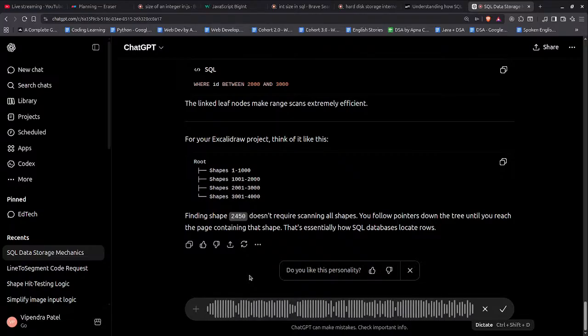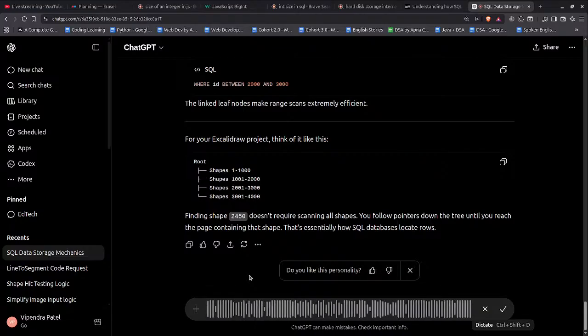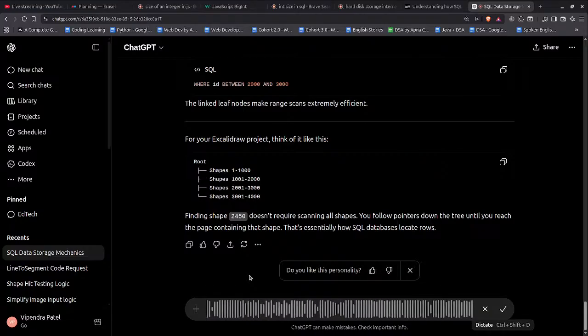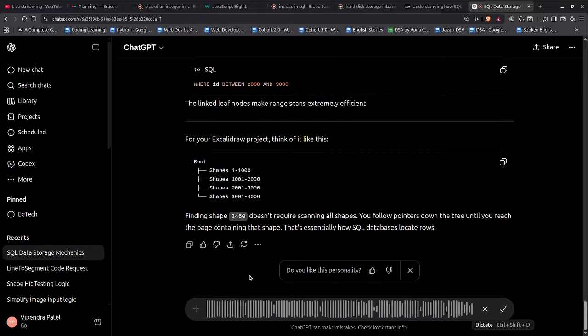So one page having the range from 1 to 1000 means it should be able to store 1000 rows, because at the end they are the IDs, and one row has one ID. So similarly 1000 rows will have 1000 IDs. But the problem is that the size of one page is only 8 KB, and the size of a single row can be far higher than the size of a page. So how is this actually done?